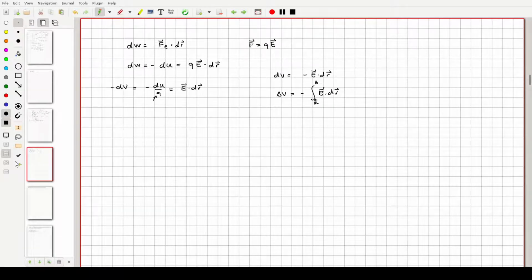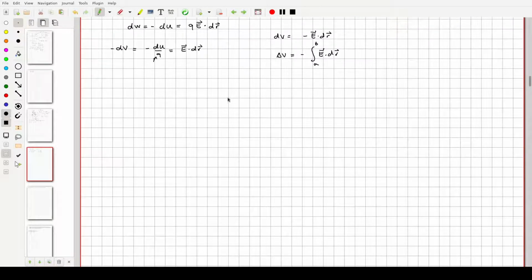So now we have another way that we can calculate voltage, and in this case, all we need to know is what the electric field looks like in order to figure out what the voltage is, or the difference in voltages between 2 points. Okay, so as a simple example, I want you to consider an infinite sheet of charge. If you remember infinite sheets of charge, we know that you have a surface charge density.